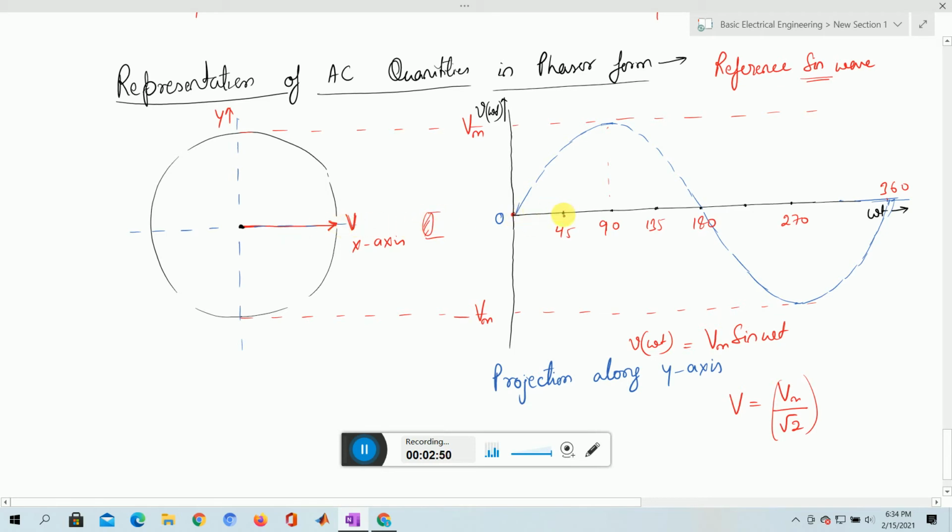So after 45 degree, the same phasor, we cannot say this is a vector, this is a phasor, so the same phasor is V over here, but after an angle of 45 degree. If after an angle of 45 degree I take the vertical projection, it will come like this. So it is V angle of 45 degree. In phasor form, we can represent that after 45 degree, this is the angular change.